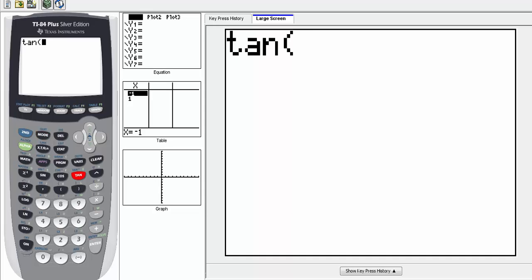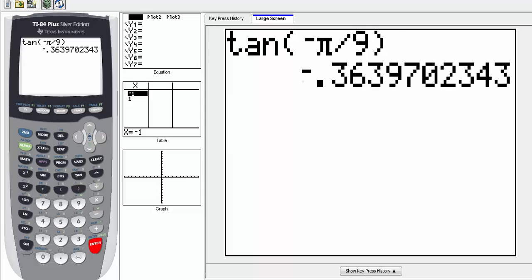So now we can type in the tangent negative, and also I didn't point this out earlier, but make sure when you use the negative key, you don't use the minus over here, you're using the negative at the bottom. And we want to use the pi key, so it's negative pi divided by 9, and we'll close the parentheses, and we get a negative, which we determined that, of 0.36, and I'll just round it to 2 places, so we get a negative 0.36.